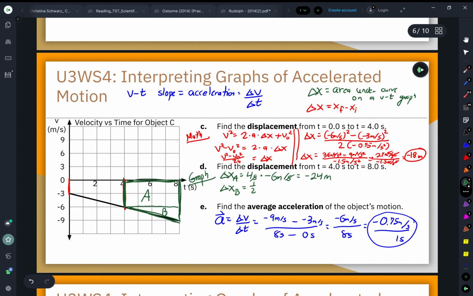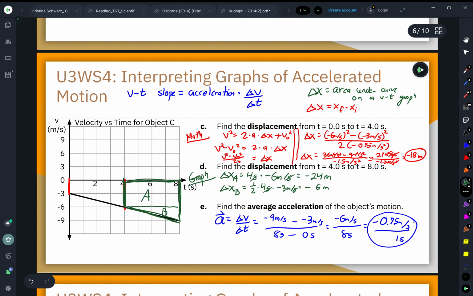The area of a triangle is 1/2 base times height. The base here would be the same as the base of the rectangle, which is 4 to 8 seconds, which is 4 seconds, times the height. We go from -6 to -9, so that is a height of -3 meters per second. 1/2 times 4 times -3 is going to be -6, and our seconds still cancel out.